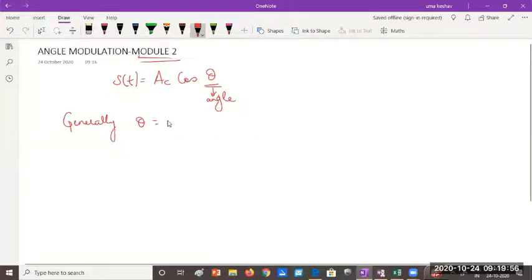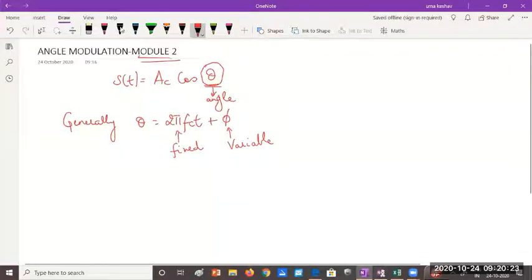Theta can be represented as sum of two parts, one fixed part and one variable part. So this corresponds to the fixed part and this would be the variable part. Whenever we write this theta as a sum of two things, why does this 2 pi FCT represent an angle?